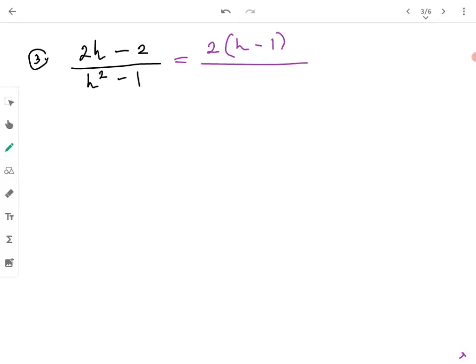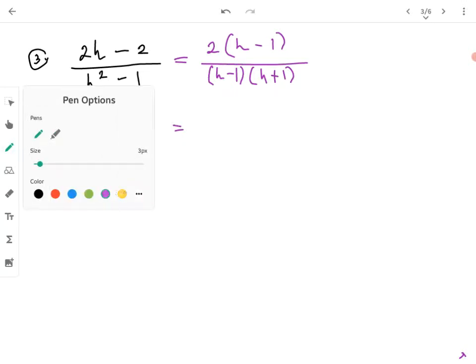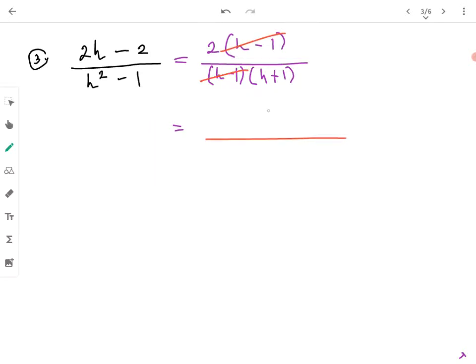We can factor it as h minus 1 times h plus 1. Cancelling out the common factor by division, h minus 1 becomes 1. We are left with 2 all over h plus 1.